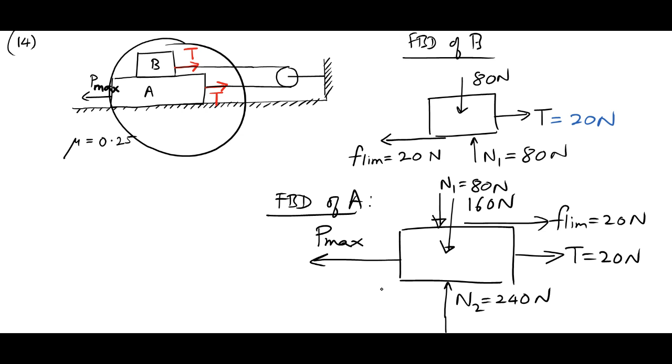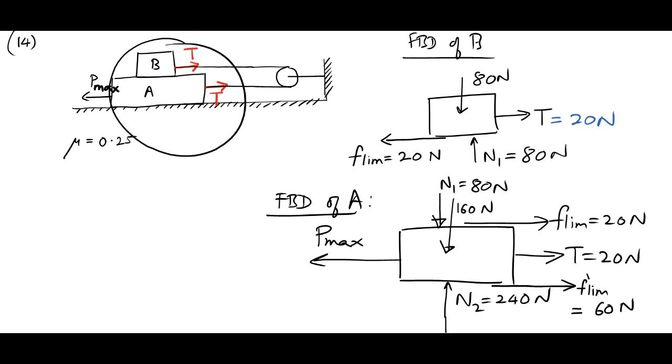With respect to the ground, block A is on the verge of sliding towards the left, and naturally the limiting frictional force is towards the right. So I'll just draw it over here. It's F dash limiting, and that's mu times normal reaction. So once again 0.25 is the value of mu. The normal reaction is 240 newtons, so F dash limiting is 60 newtons.